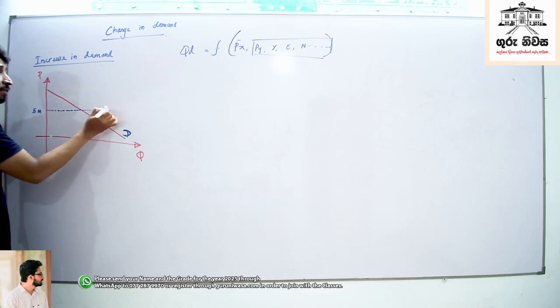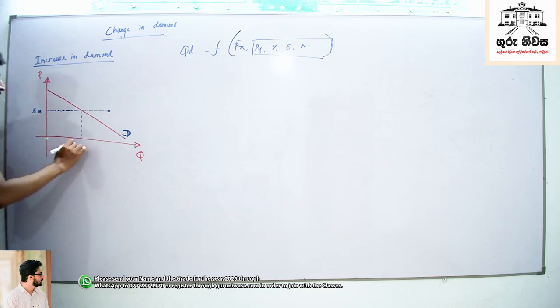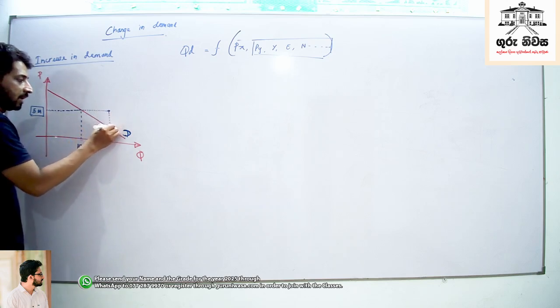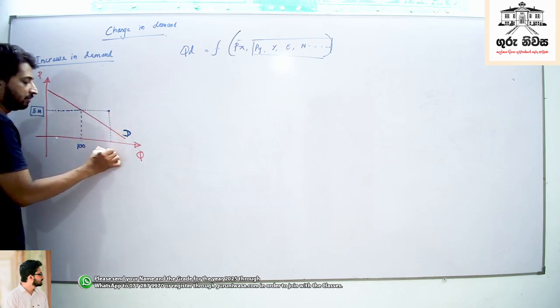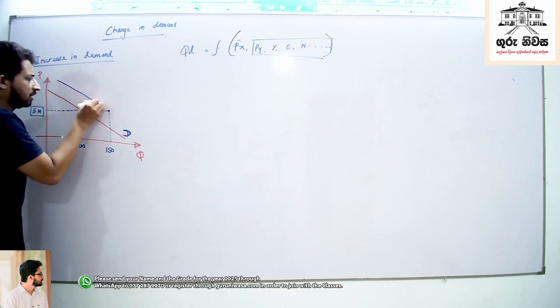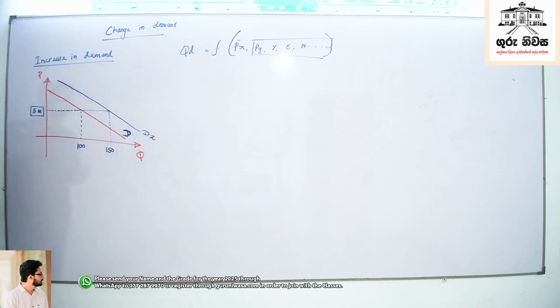But while price remains constant at the original 5 million, demand is, let's say, 100 cars. Now, Kalana, same price, but now people are demanding 150 units. What happens now? Your demand curve has shifted to the right side. You can see 400 units and also 450 units, price same.